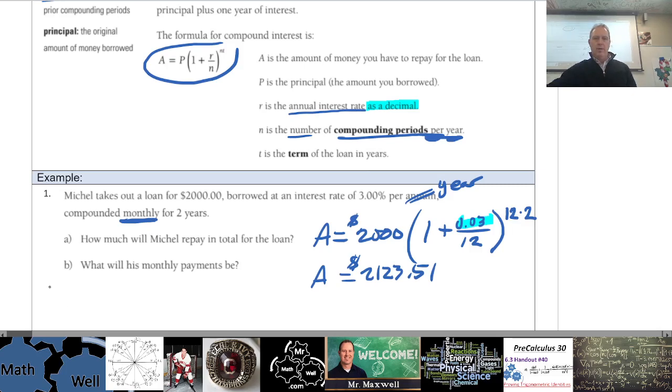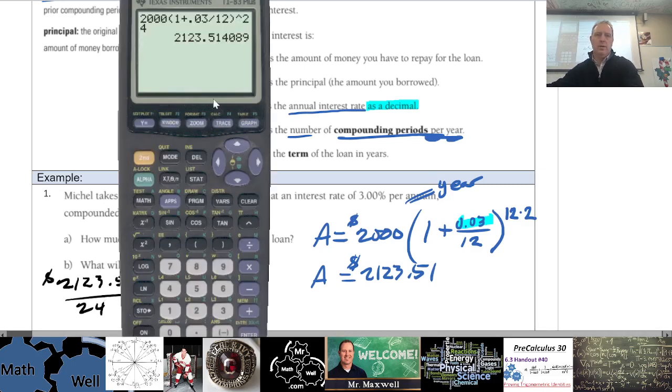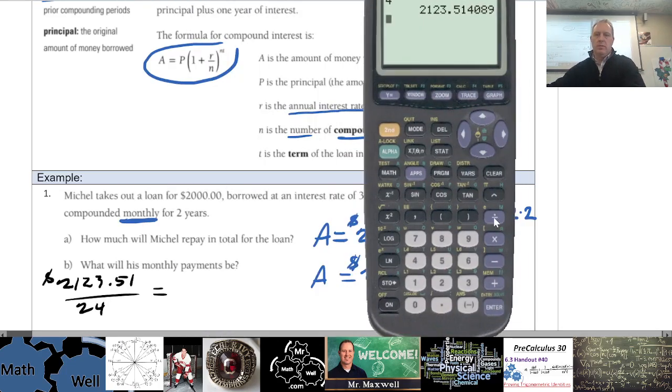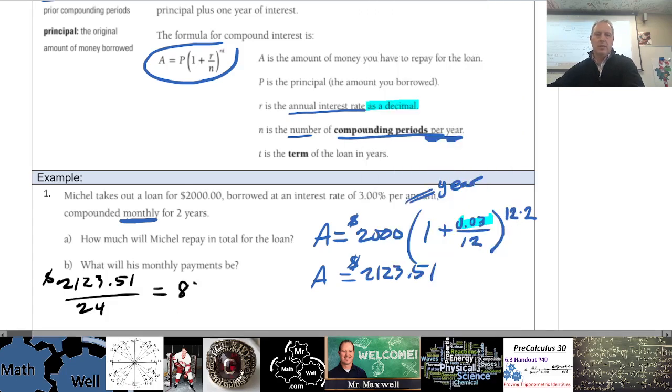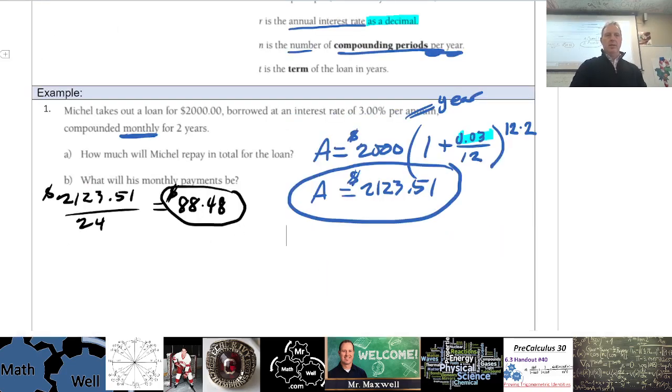So monthly payment is going to be $2,123.51 divided by 24. $88.48 looks like. $88.48 if we round to the nearest cent. All right, so those are the answers to number 1.